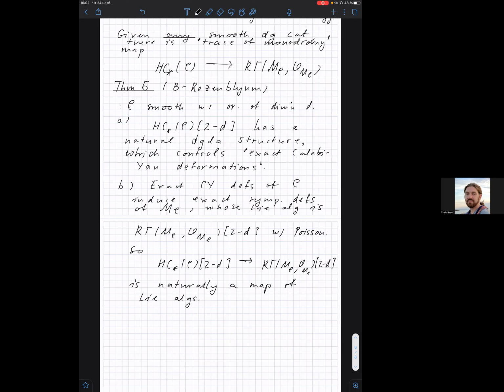And then you can ask on the right-hand side, there are BV structures that appear in Poisson geometry, and how do you compare these things? So we thought about this. This is a very good question. We're not sure. You could also ask a higher genus version of this.